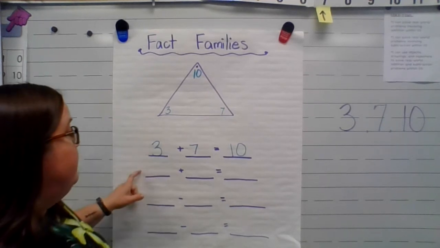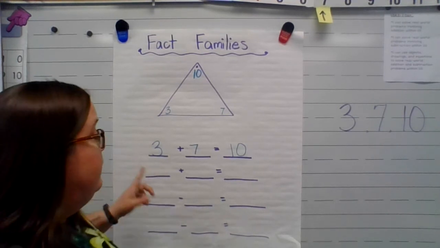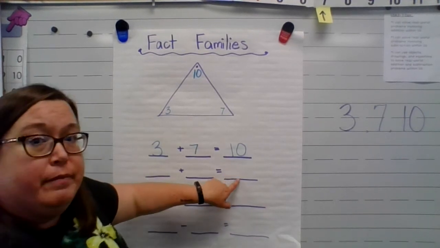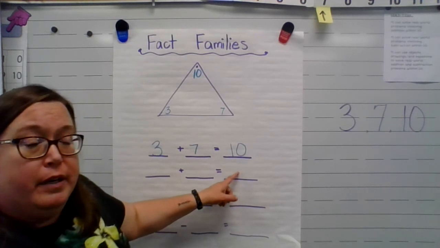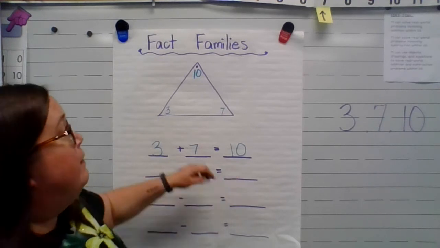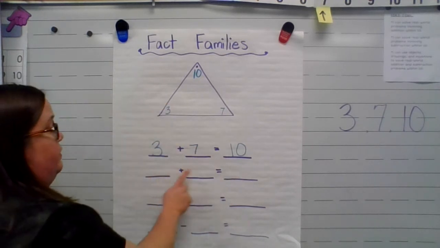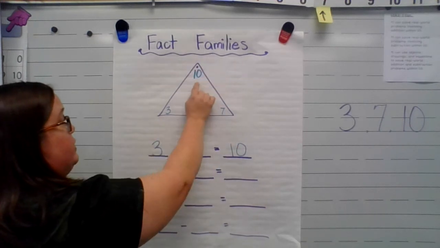Okay, now we can make another addition problem. The answer is going to be the same. Remember, when we're adding two numbers together, the answer is the biggest number. So these two numbers together have to equal the biggest number of this fact family, which is 10.